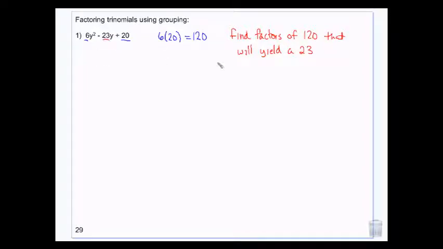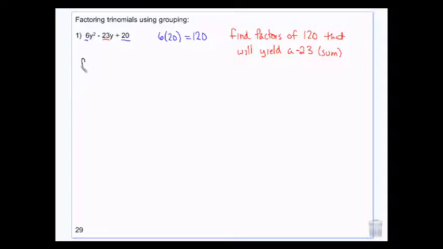And I want them to give me a negative 23. Since 120 is going to be positive, it's going to be a sum. So I'm going to need two negative numbers that'll multiply and make 120, but that will add up to negative 23.